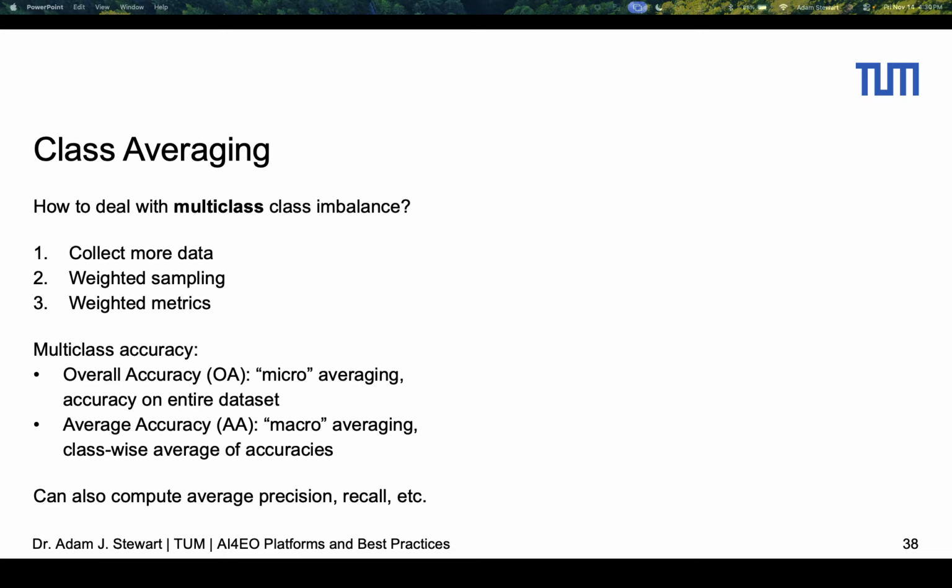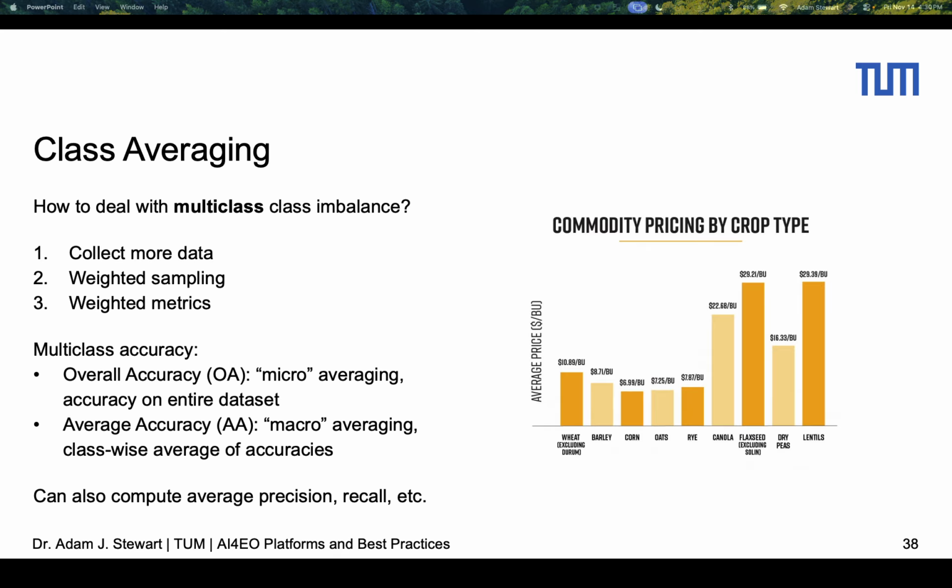You can also do average versus overall precision, recall, etc. But be very clear about which one you are reporting because they're not the same. You can also do weighted averaging, weighted metrics. So for instance, let's say I'm predicting cropland. Some types of crop might be more important than others.